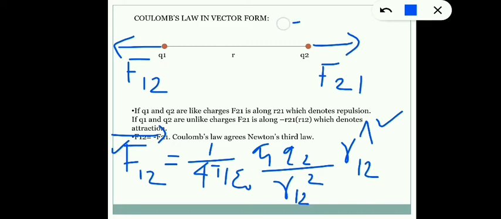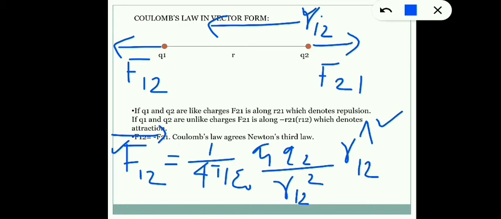That means along this way. This is the direction of R12. Since F12 is the force acting on charge Q1 due to Q2, we need a vector pointing from Q2 to Q1. So R12 is that unit vector pointing from Q2 to Q1. And here also we will write R12 square.